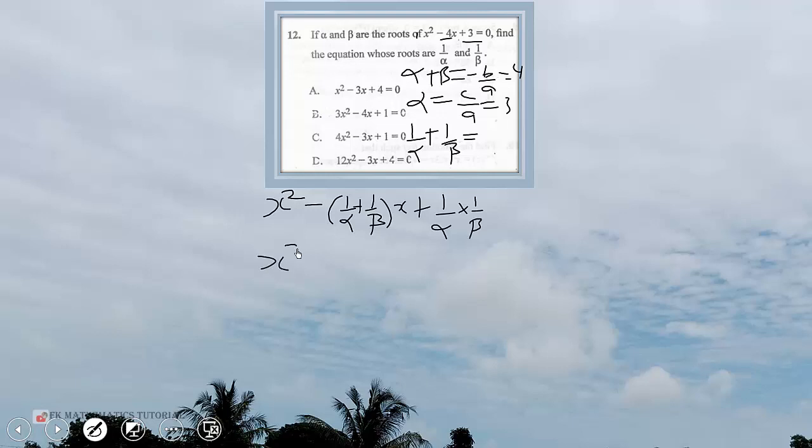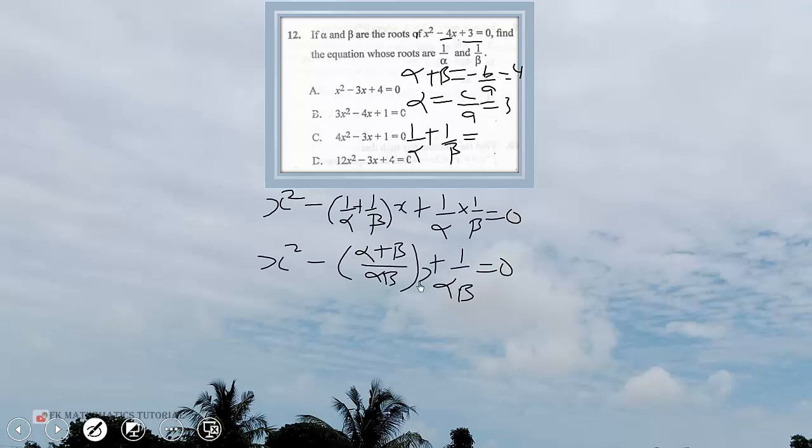So x squared minus, in brackets, when you add this you get alpha plus beta over alpha beta, plus 1 over alpha beta, is equal to 0.